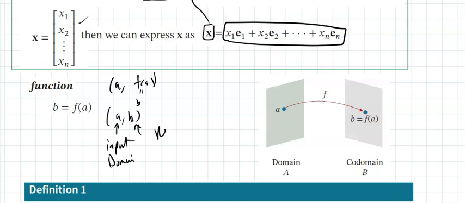The output should be the range, but here they call it codomain, which is basically the same thing. In some books, this is the image and this is the pre-image. So the image happens after you input something, and the notation is that a function maps a point x into f of x, or simply b.